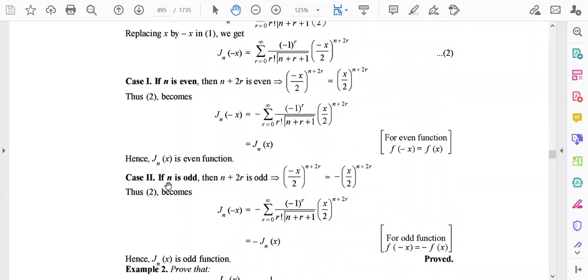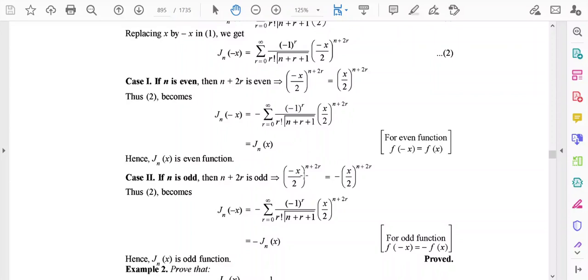Now case 2, if n is odd, then n plus 2r is odd. So in this case minus x by 2 to the power n plus 2r can be written as minus of x by 2 to the power n plus 2r. We have to keep in mind that if n is odd, then n plus 2r is also odd.